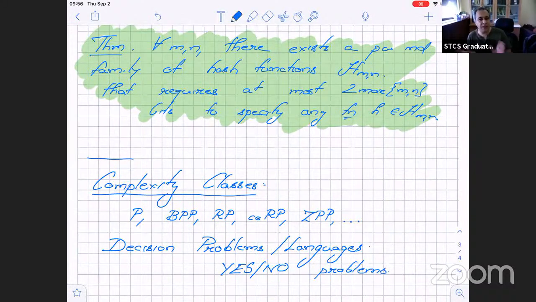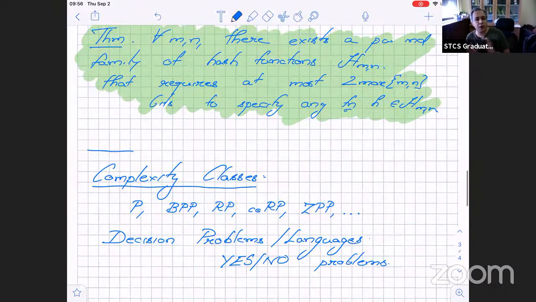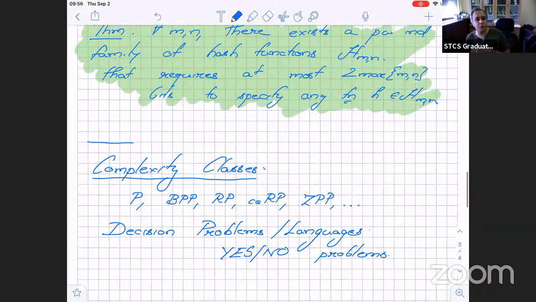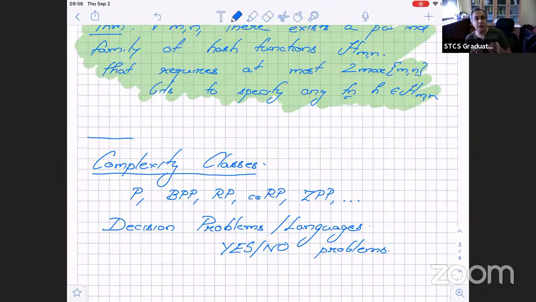It'll be easier to work with yes-no problems. Complexity classes usually refer only to languages, decision problems. They don't refer to problems of a more general nature, where the answer could be, say, factorize this number. That's a search problem; you want to find the factorization. Find the best matching, that's a search problem. What I'm asking instead is: is there a factor greater than a particular value or less than a particular value? Is the best matching of this size?